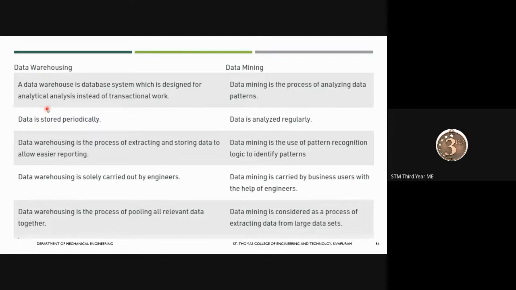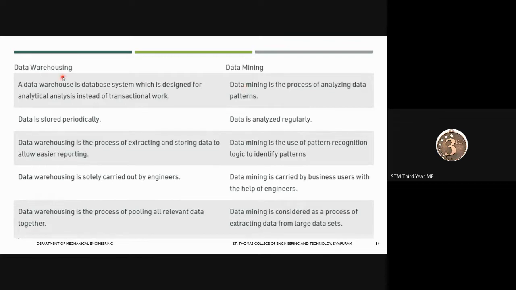That is coming under data warehousing. While under data mining, data is analyzed regularly. So it is being analyzed for each and every purpose, maybe categorizing it or for use in other applications and all. Data is being analyzed regularly under data mining.